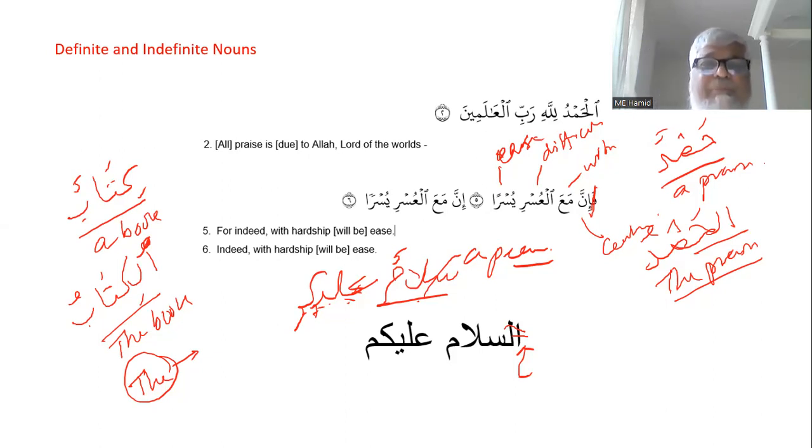So see, this little alif lam can give a different article. In English it looks simple: book, the book; tree, the tree; the bottle, the milk. It has nothing, just pointing definitely, but it can have a little bit more meaning in the Arabic language. So with that I conclude.